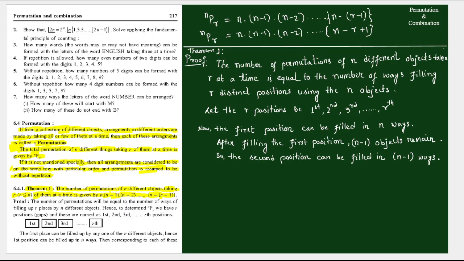It will go up to the third position. After filling the second position, after filling 2 positions, how many objects remain now? From n minus 1, 1 has gone, so n minus 2 objects remain, right?